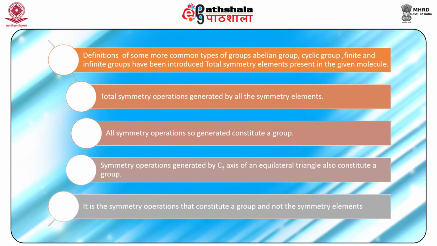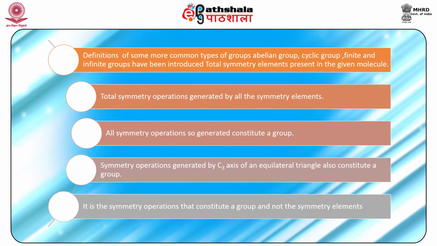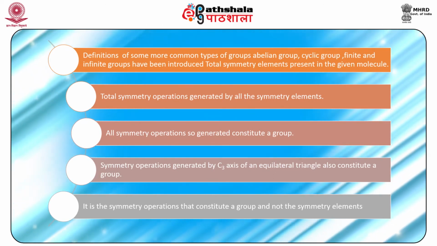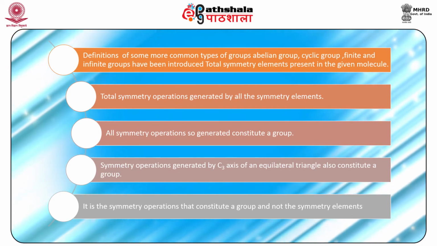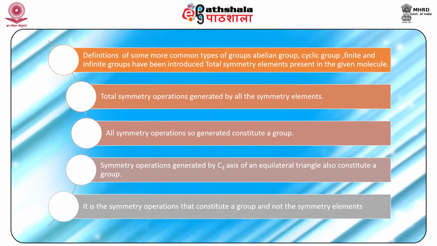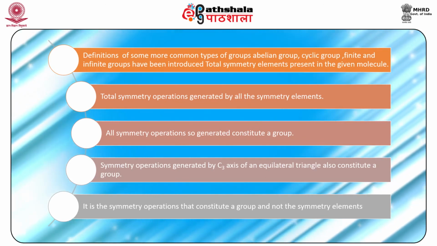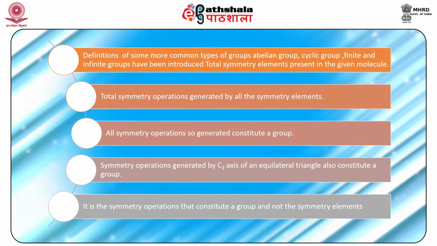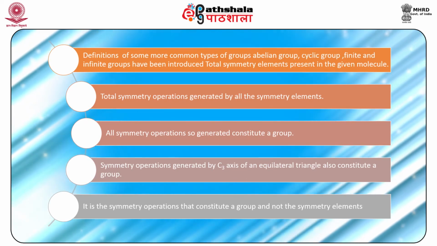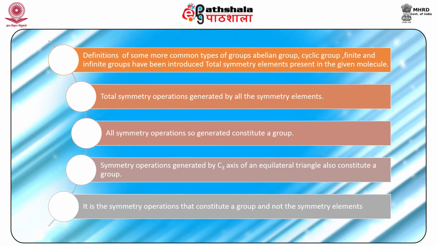Further, various types of subgroups in the main groups were also discussed, and subgroups were found in the main group. Also, the idea about classes is introduced, conjugate elements were discussed, and some common points were also mentioned on how to find classes in a group without performing similarity transformations.